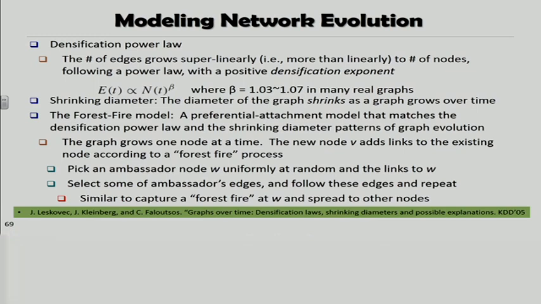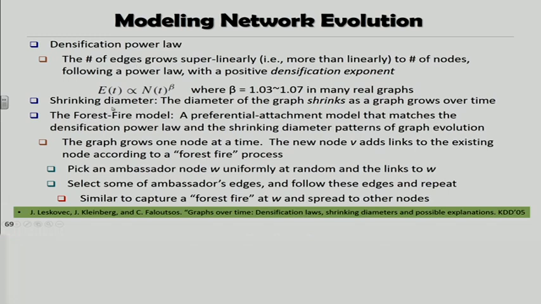So it's very interesting. Not only did they find the diameter shrinks, they also have a theory to explain it. Okay. The theory basically says there's a densification power law. That means the edges grow more than the nodes, than the vertices. That's why the whole diameter actually shrinks.